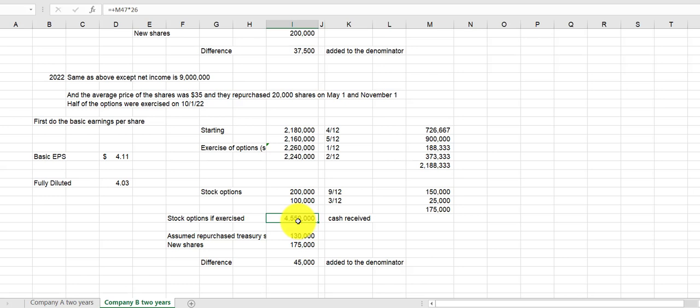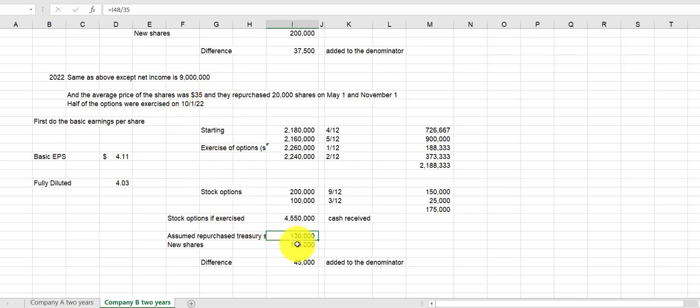Once they've been given to the employees, typically, you can't change the exercise price. So $26 times 175,000, we're going to receive $4.55 million in cash. That allows us to buy 130,000 shares back at the new average price of $35 for the new year.